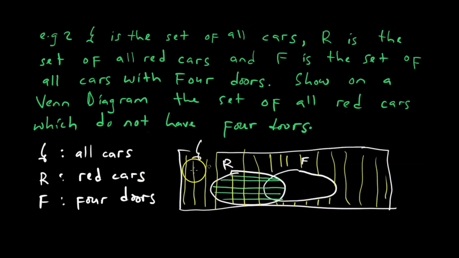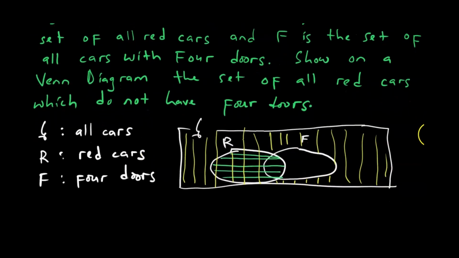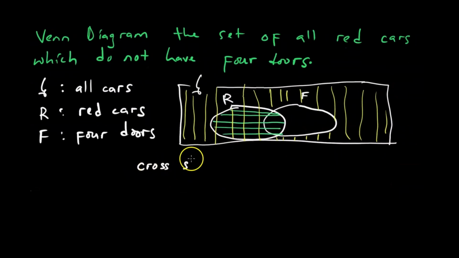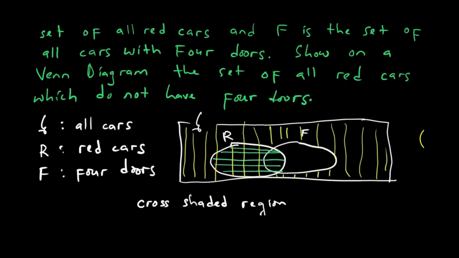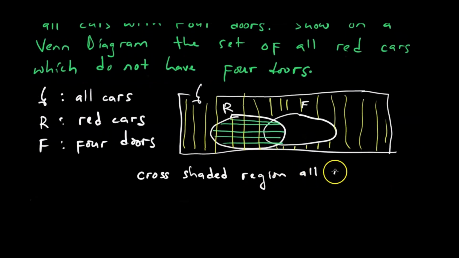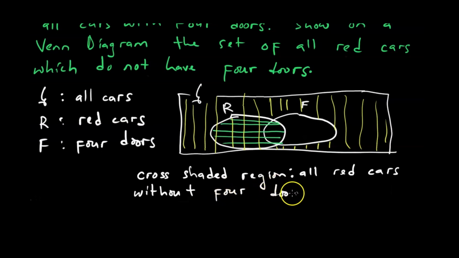You see? So here, our answer will actually be the cross shaded region. That is our answer. This cross shaded region represents all red cars without 4 doors. Like this.